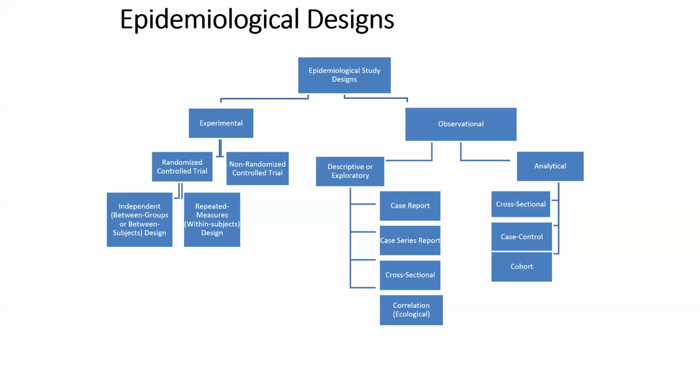So, if you started out with 100 persons, and I'm using 100 because that's very easy for the math. You recruit 100 persons into cohort 1, smokers, and 100 persons into cohort 2, non-smokers. You follow them up over a 20-year period, and over that 20 years, 30 people in cohort 1 have developed lung cancer.